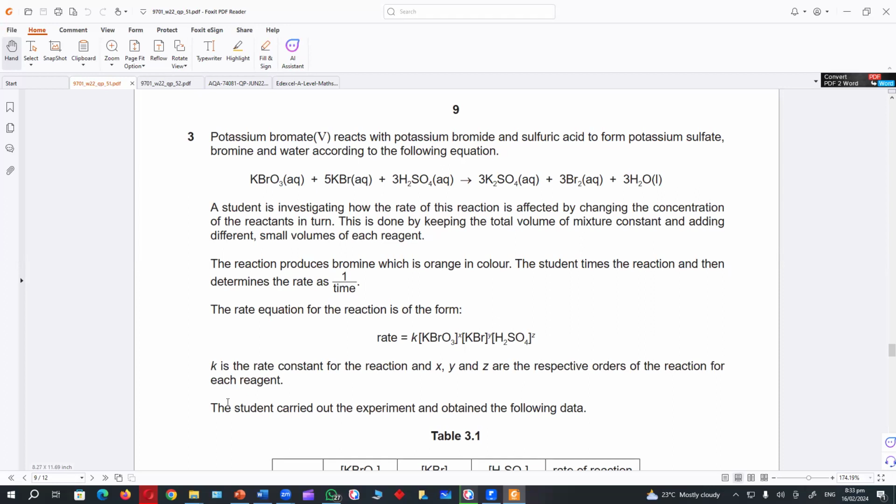A student is investigating how the rate of this reaction is affected by changing the concentration of the reactants in turn. So he's talking about rate of reaction.